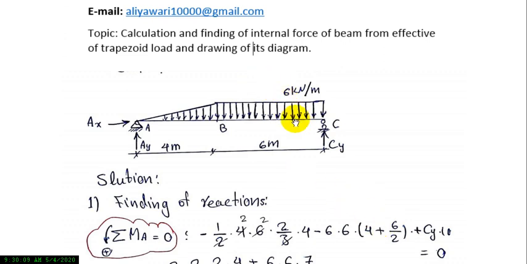As you know, the centroid of this rectangle is in the middle, so we have 4 plus half of this length, 6 over 2. And the reaction Cy acts counterclockwise, so it is positive: plus Cy times 10 equal to 0.